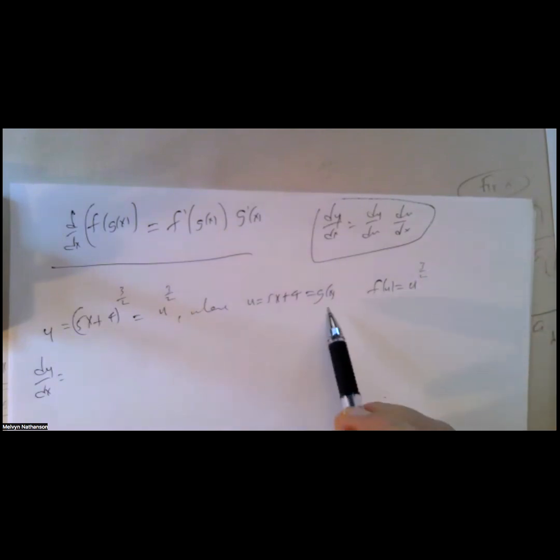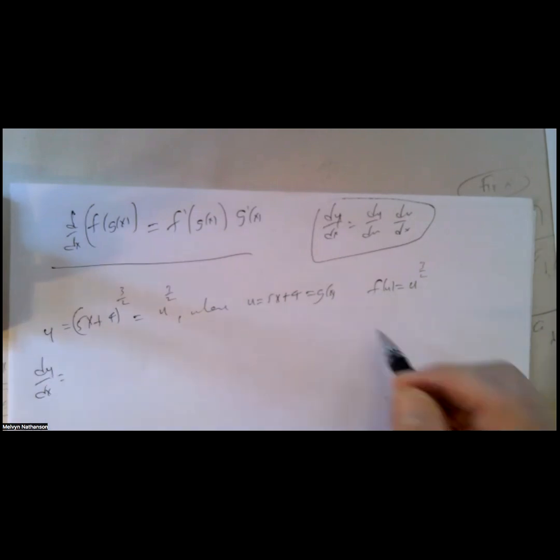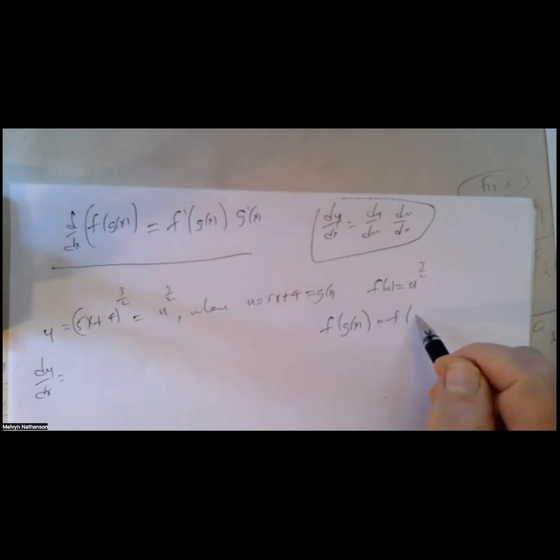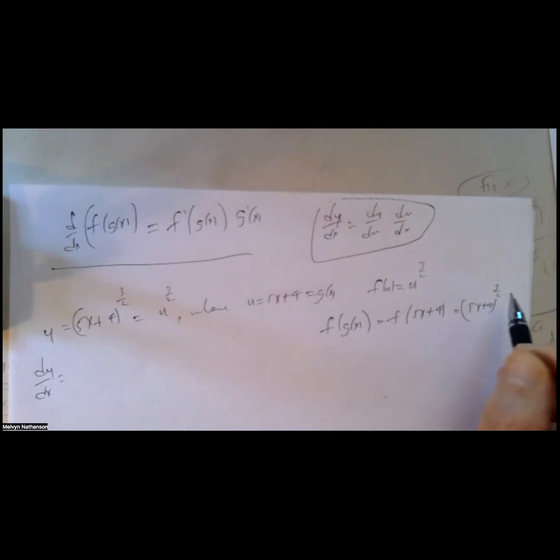Because if I define f and g like this, f of g of x is f of 5x plus 4, and f takes its argument and raises it to the 3 halves power.